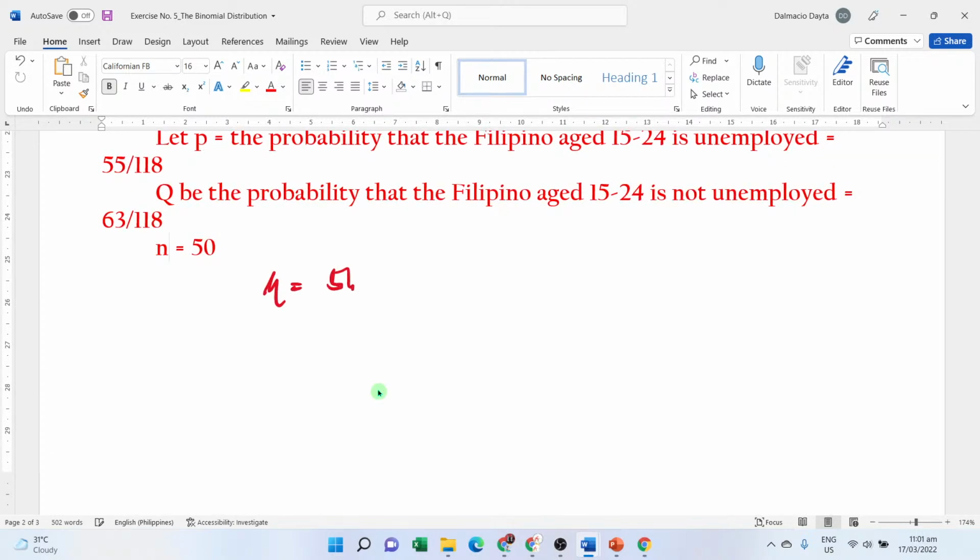Mean is equal to 50 times 55 over 180. That is n times p. Okay?